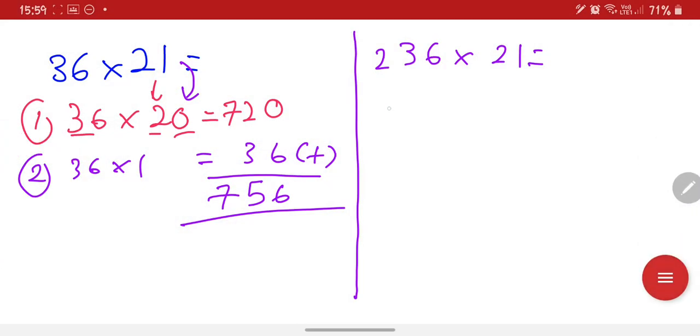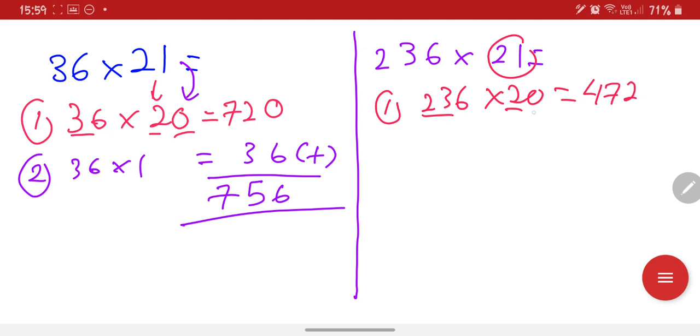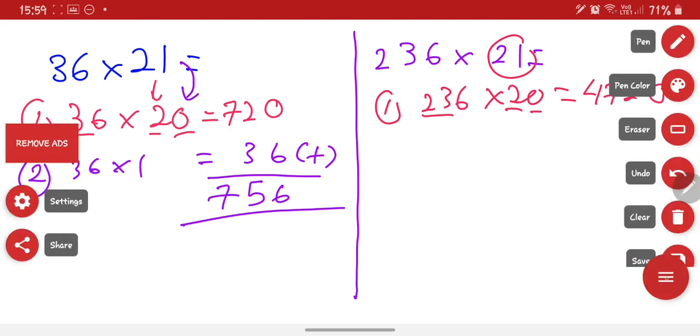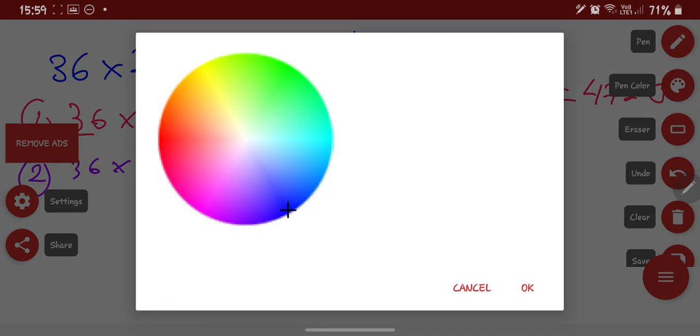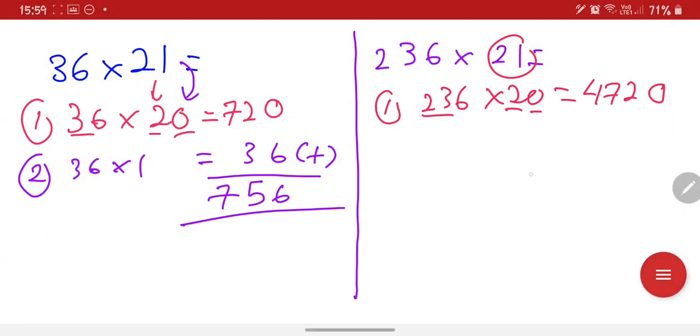First step, if you see 21, you change your question to 236 times 20. Remember, it's actually just double the number. You know how to double, right? So 236, you double, you will get 472. You add 0 at the back. Done.